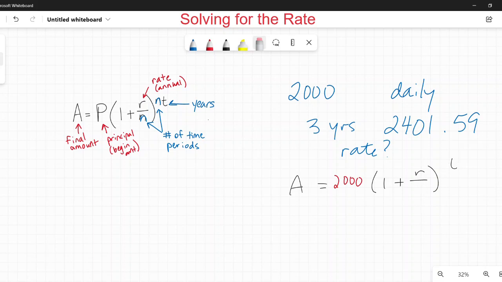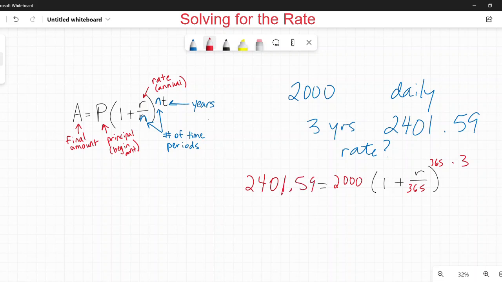So the number of days in most of our years is 365. So that takes care of our daily, and then we're told this is happening over 3 years. So that's our T. And then final amount, $2,401.59. So let's put that in for our final amount.